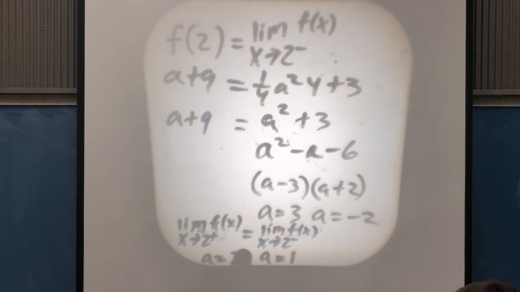So the values I have for a right now are a equals 3, a equals 1, a equals 3, and a equals negative 2.